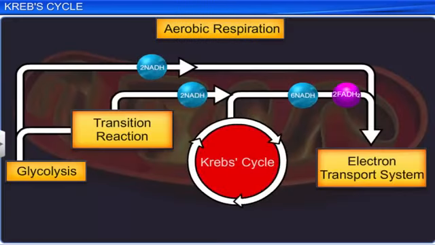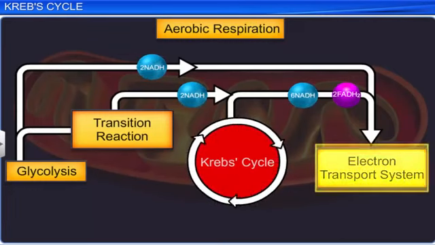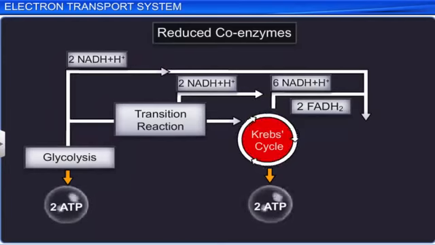Further generation of energy as part of aerobic respiration takes place in the electron transport system or ETS. As you know, glycolysis and the Krebs cycle together result in the formation of reduced coenzymes such as 10 molecules of NADH plus H plus ions and 2 molecules of FADH2, and 4 molecules of ATP.